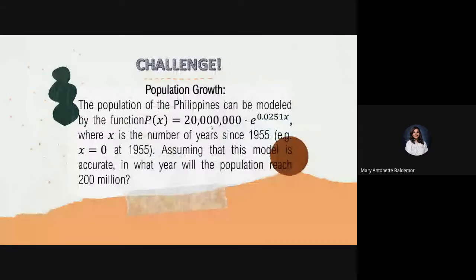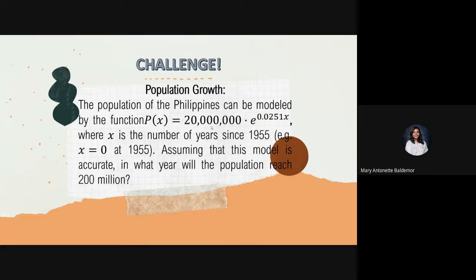Going back to our challenge, the population growth. The population of the Philippines can be modeled by the function p of x is equal to 20 million times e raised to 0.0251x, where x is the number of years since 1955.